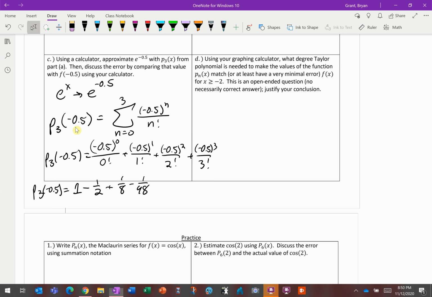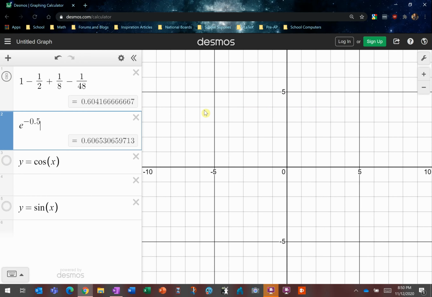Gosh, we are good. Okay, using our graphing calculator, what degree Taylor polynomial is needed to make the values of the function p sub n of x match, or at least have very minimal error, for all x's greater than or equal to negative 2? Well, let's just graph e to the x first.